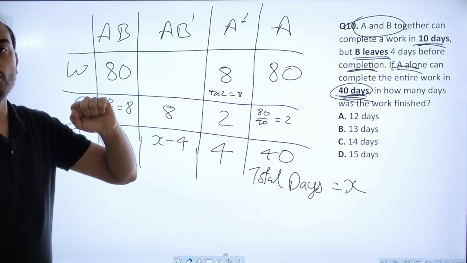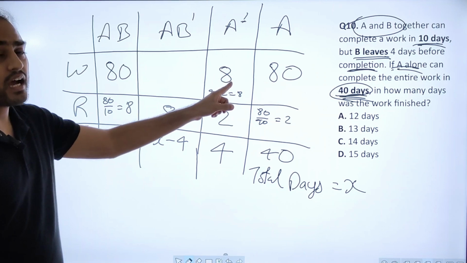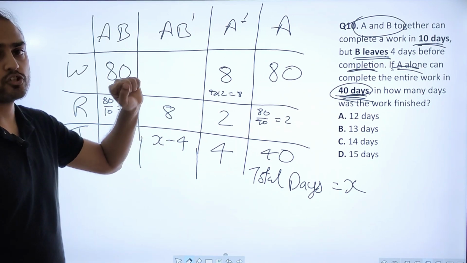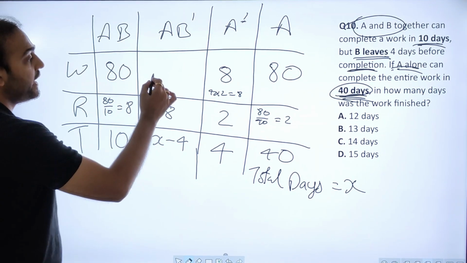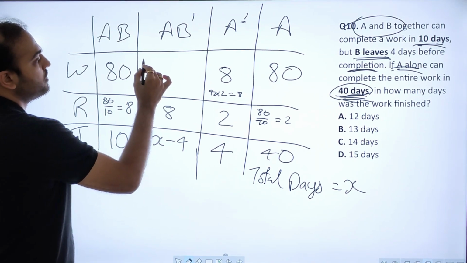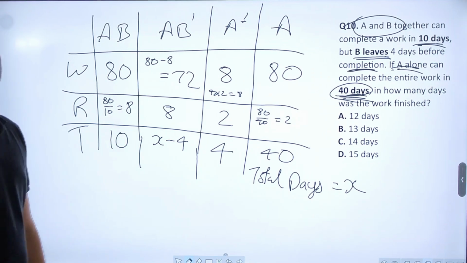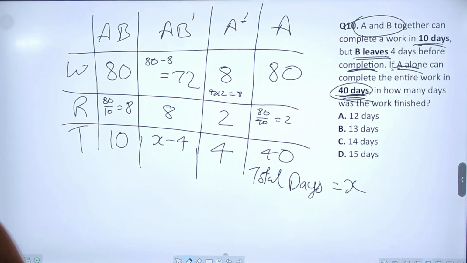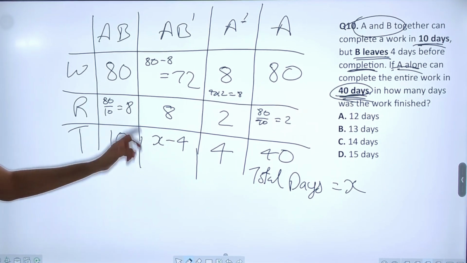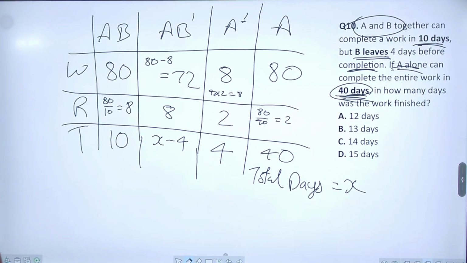Total I had 80 chocolates. In the last 4 days, A ate 8 chocolates. That means A and B together must have finished 80 minus 8, 72 chocolates together.